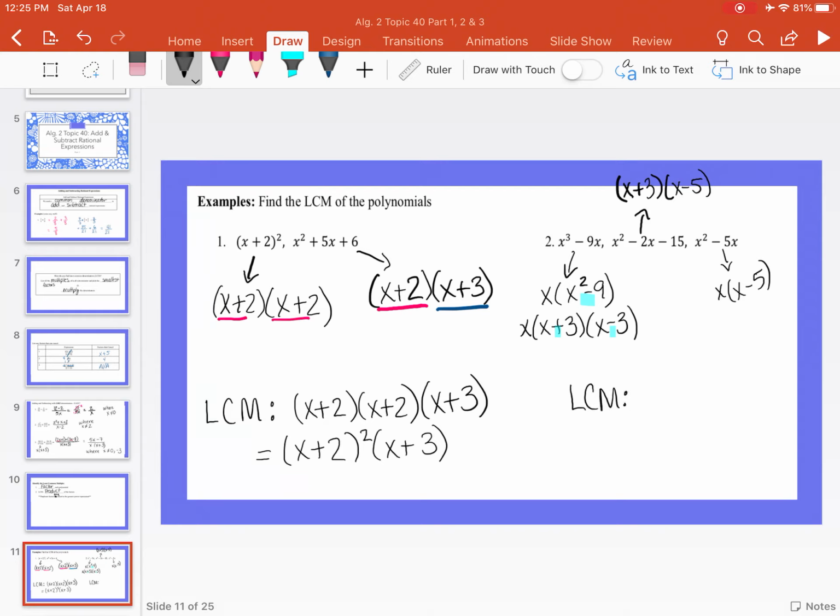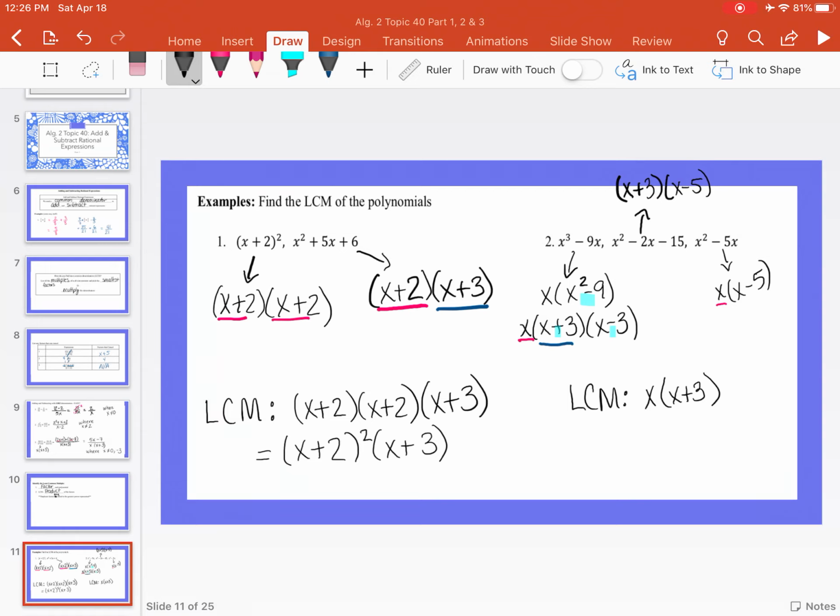Now our least common multiple, again, we need to account for every single factor and however many times it occurs, the maximum times it occurs. So if we look through, well, we have an x here and an x here, so we need to include that. We also have an x plus 3, so we're going to include that in our least common multiple.